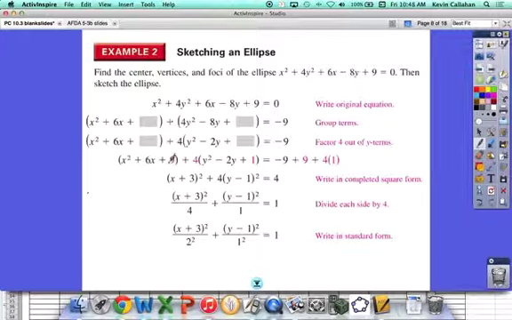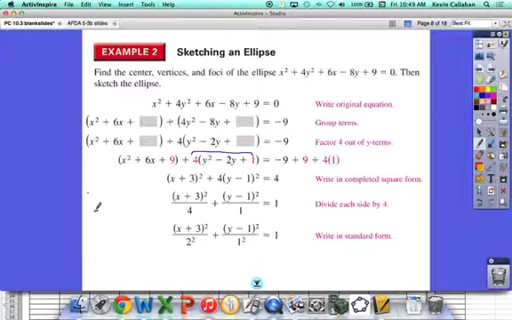But if they add 9 here, you got to add 9 there. Okay. For the second one, half of negative 2 is negative 1. Negative 1 squared is positive 1. Now, you don't add 1 to the other side because this 4 outside parentheses, you're going to have to multiply 4 times 1. That was actually a 4, not a 1. So we add 4 to the other side.